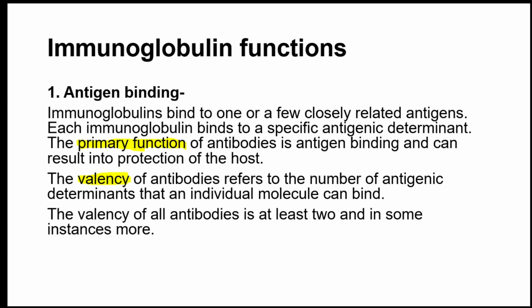The valency of antibodies refers to the number of antigenic determinants that an individual molecule can bind. If our immunoglobulin is binding to 1, it means it has a valency of 1. The valency of all antibodies should be at least 2. It should be able to bind to 2 antigenic determinants on the antigen. However, in some instances, you find that an antibody has more than 2.